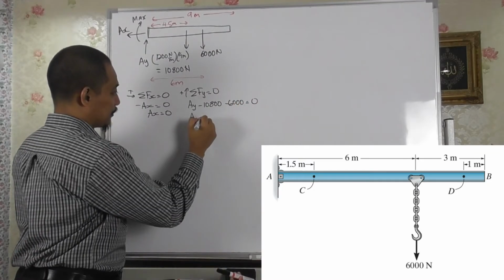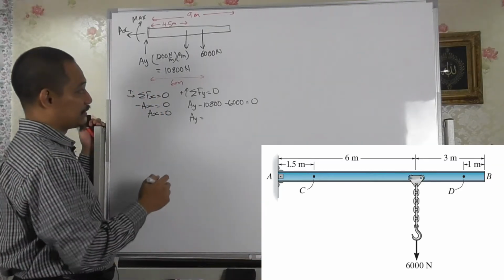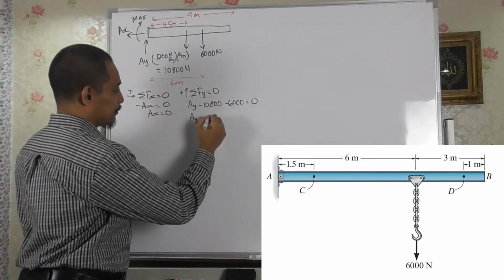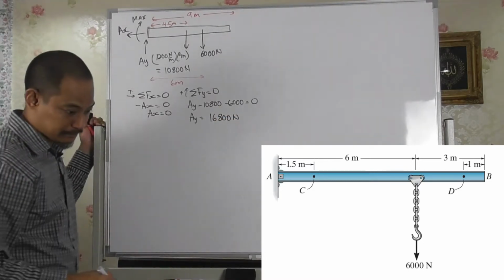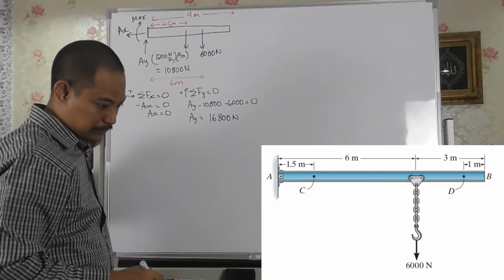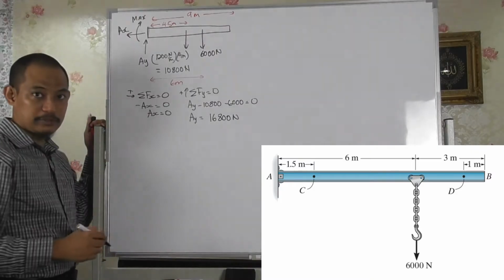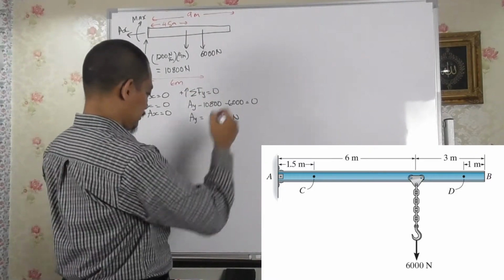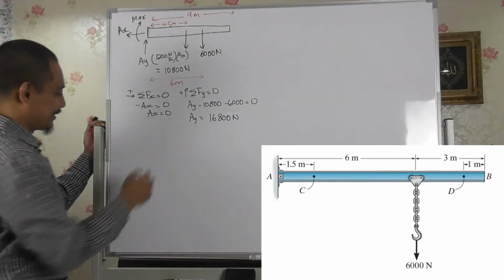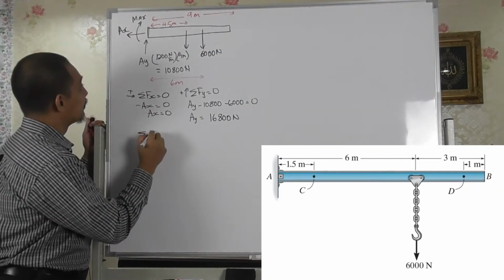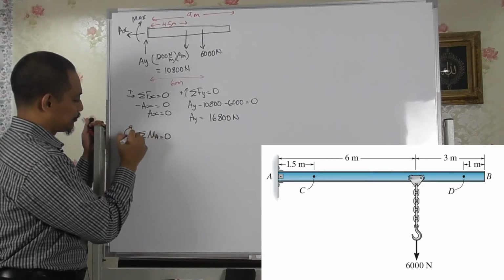So Ay equal to 16,800 Newton upwards. Then let's use summation of moment about A equal to 0. Let's take clockwise as positive.